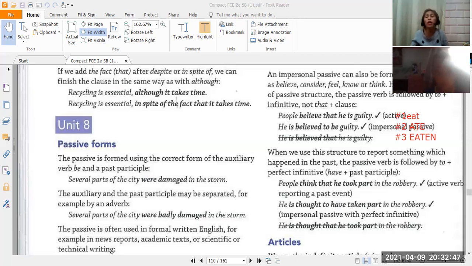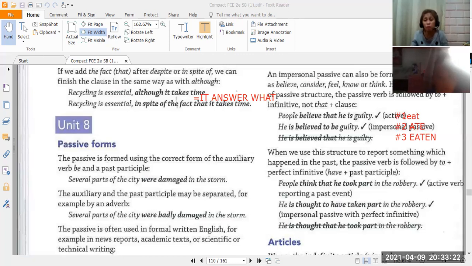Bought here is transitive because it needs an object. It answers what? What did you buy? You bought a coffee. That is a transitive verb.